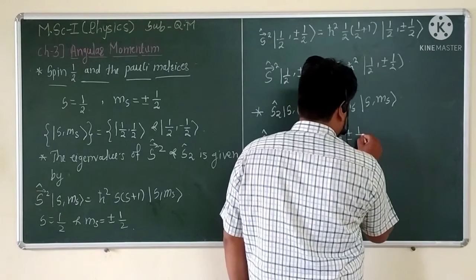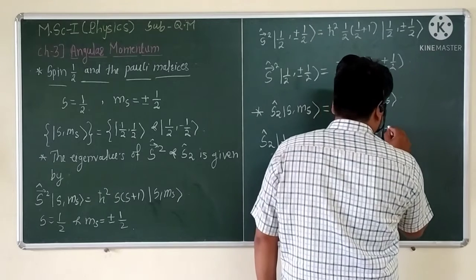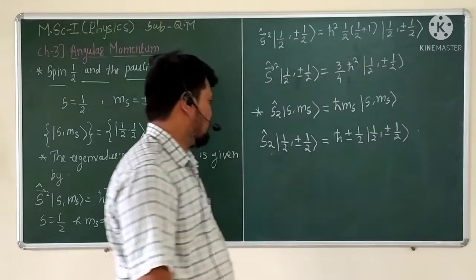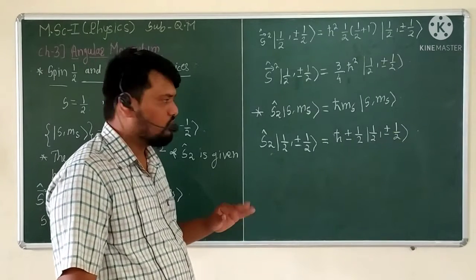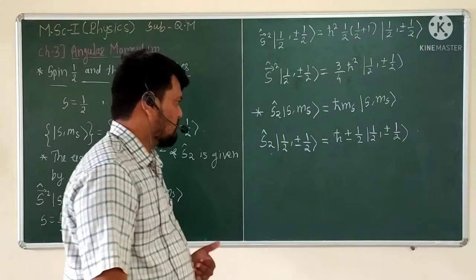Okay, plus or minus half of half comma plus or minus half. We have to calculate separately. This value, Sz, is nothing but plus h cross by 2 and minus h cross by 2, but we want to calculate directly in one step.